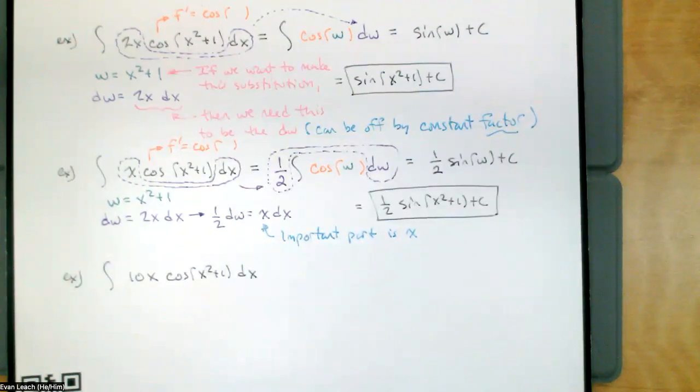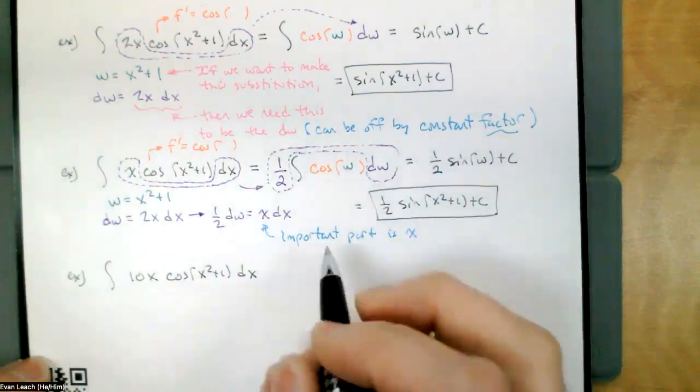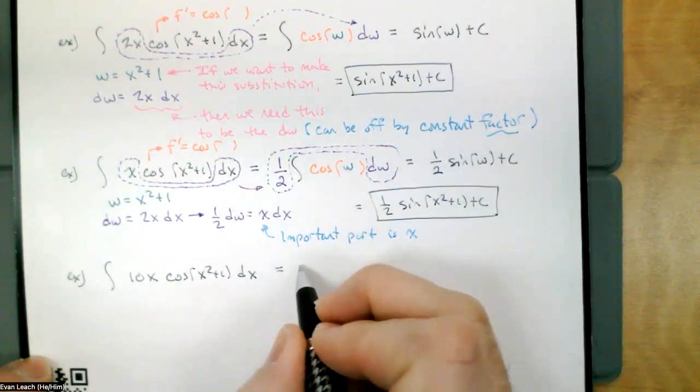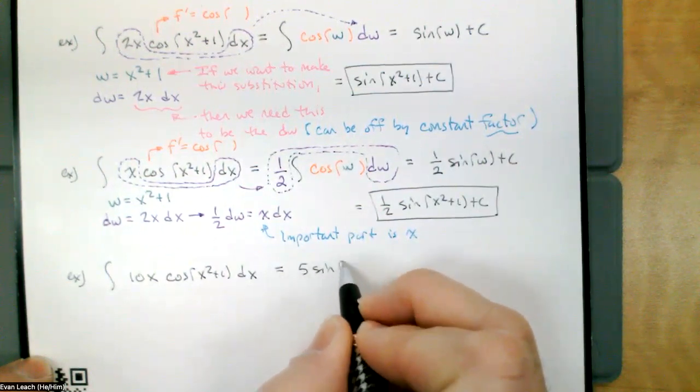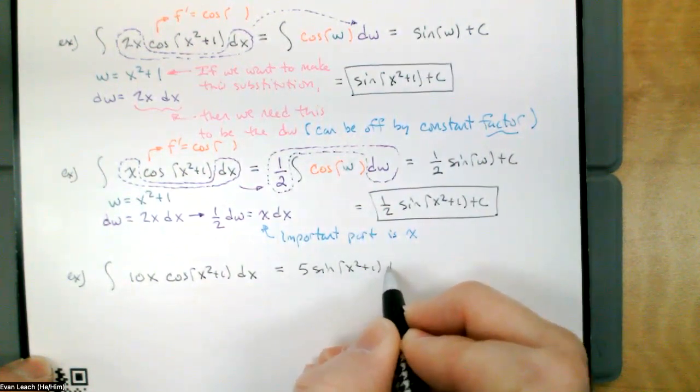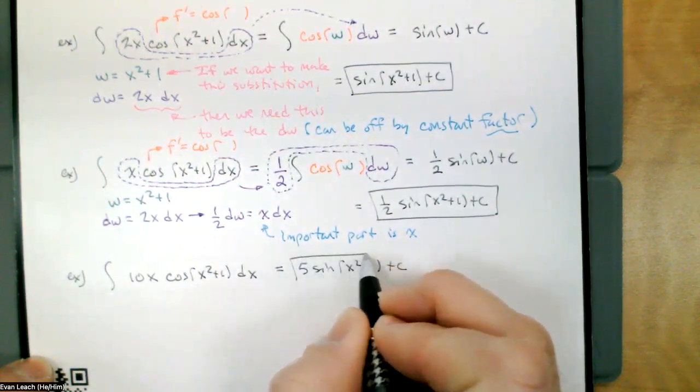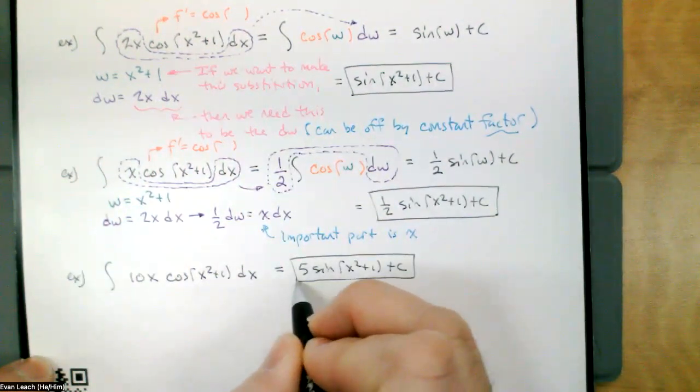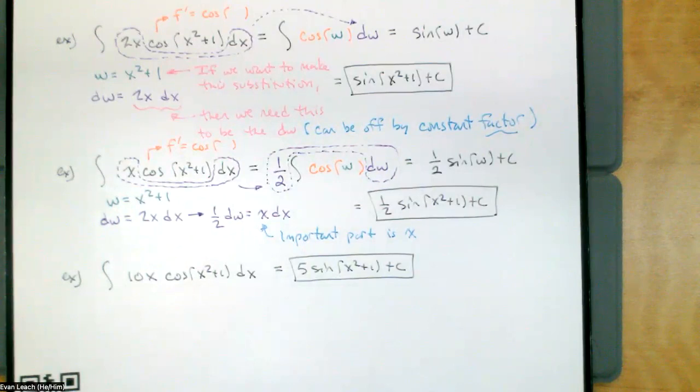Even if I say show your calculations, they happened in your mind. And you look at this and say, well, this is just going to be 5 sine of x squared plus 1 plus c. That is the goal.